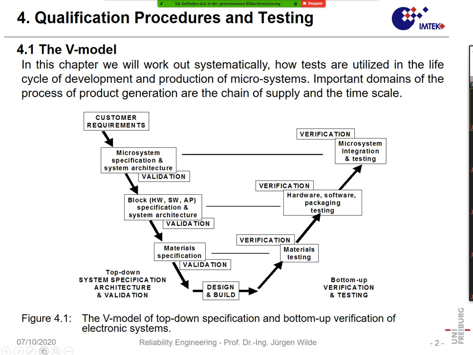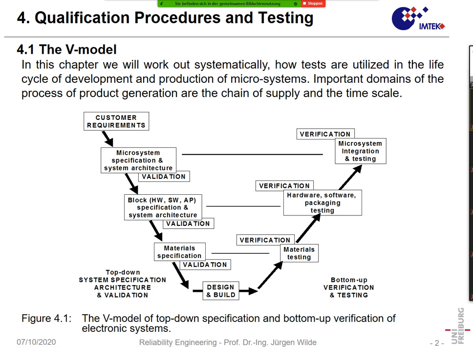For the software, is it real-time? Is it not real-time? And so on. The packaging, how good must the protection be? And so on. And what is important, if we derive a specification from a higher specification level, that lower specification must be validated.